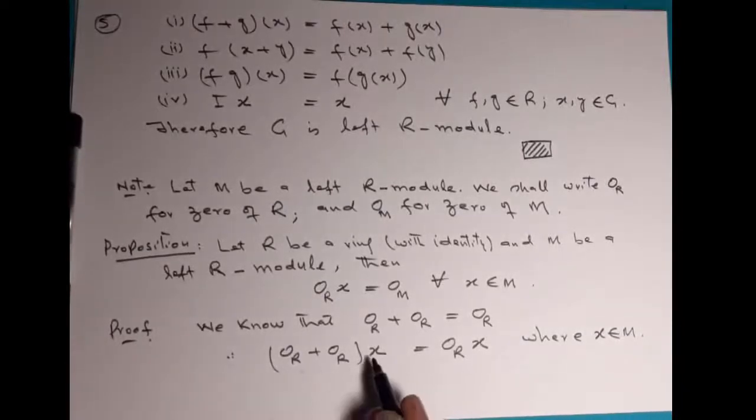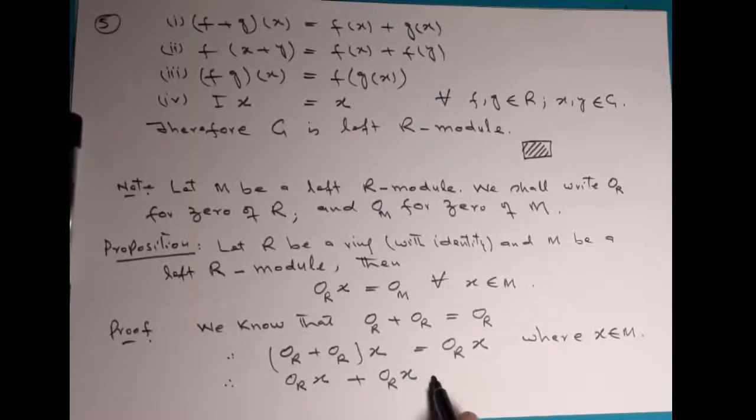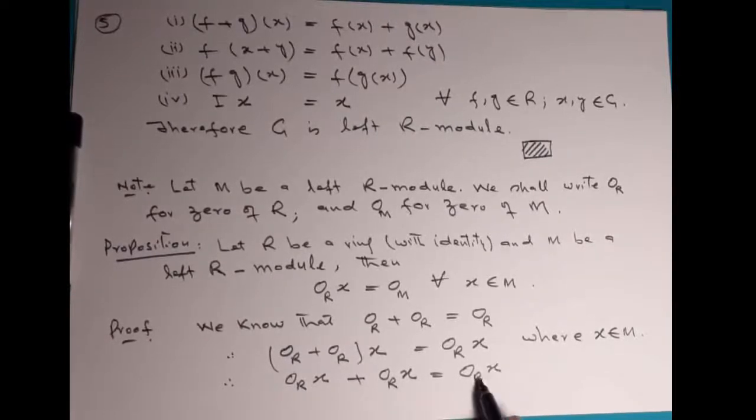And therefore now you can use that condition from the module definition. This is the sum of two elements of the ring, A plus B, and this is an element of the module. So A plus B into x is equal to AX plus BX, and therefore 0 of R multiplied with x plus 0 of R multiplied with x is equal to 0 of R multiplied with x.